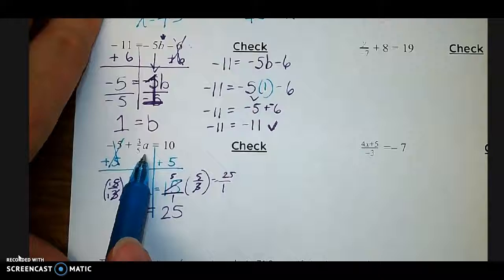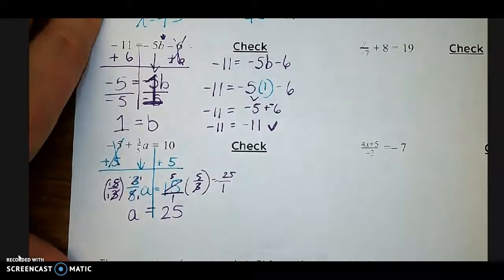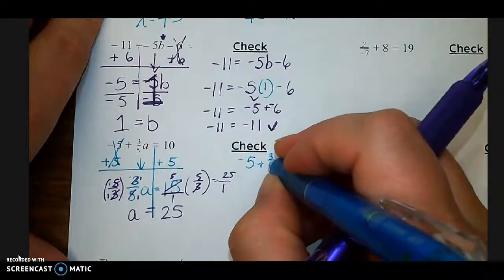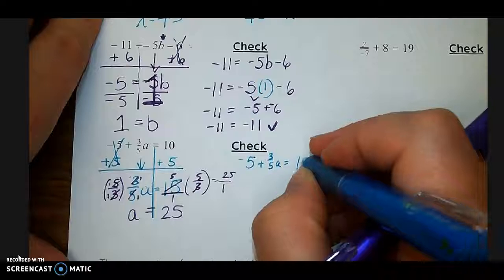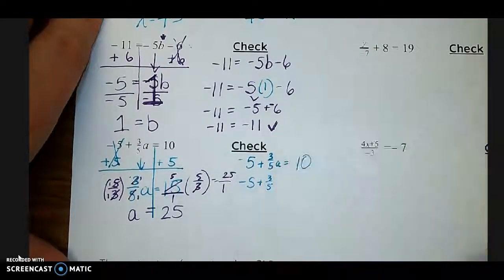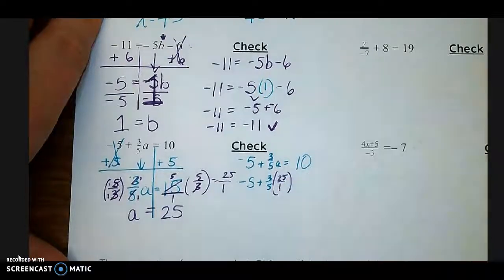So 3/5 of 25 minus 5 should equal 10 is what we're looking at here. So negative 5 plus 3/5 a equals 10. And I'm going to go ahead and write my 25 as 25 over 1.